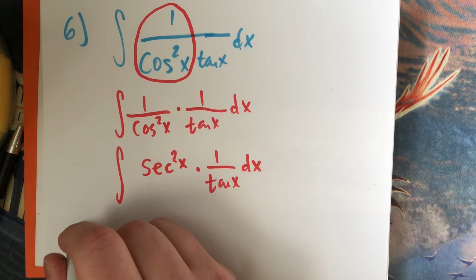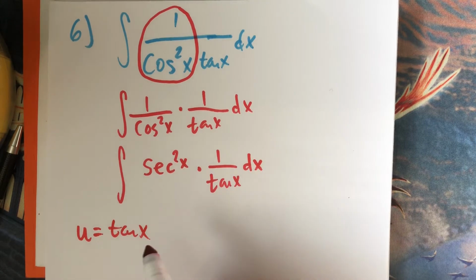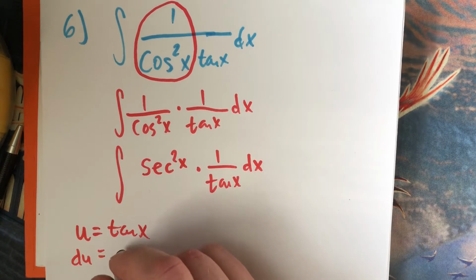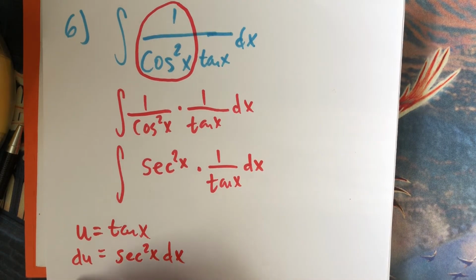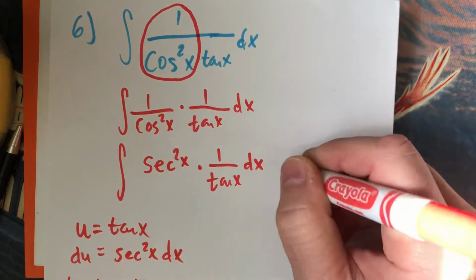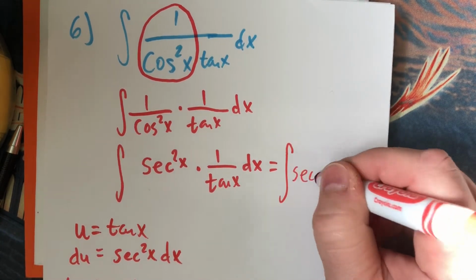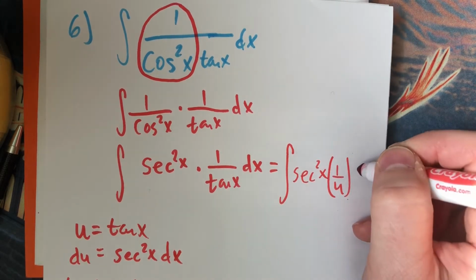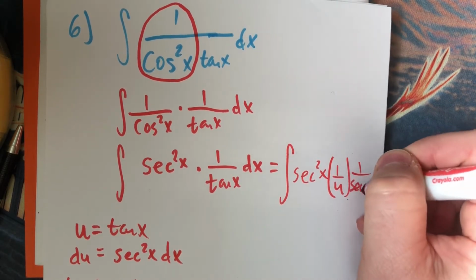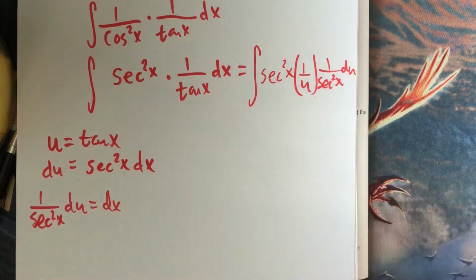So let's say u is equal to tangent x. I need to use tangent because I know the derivative of tangent is secant squared. Then when we divide both sides by secant squared, and resubstitute, well, would you look at that?